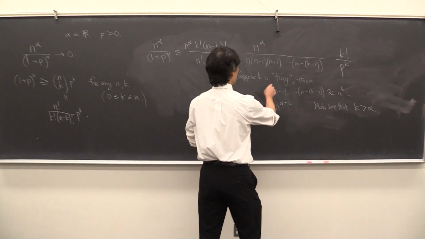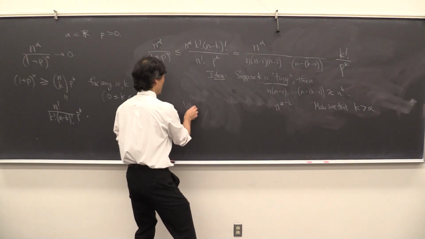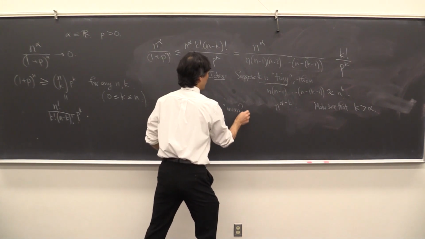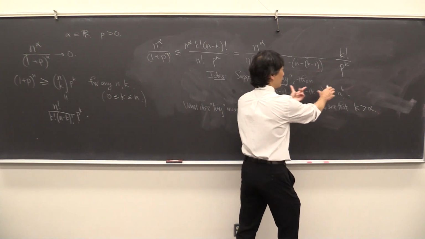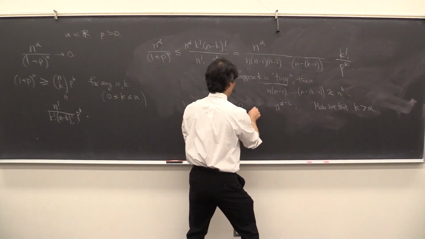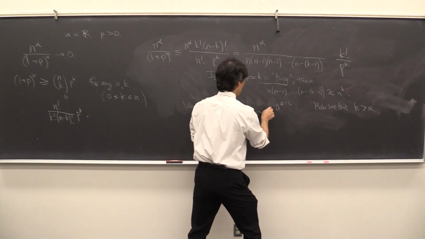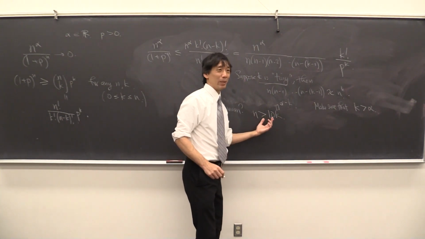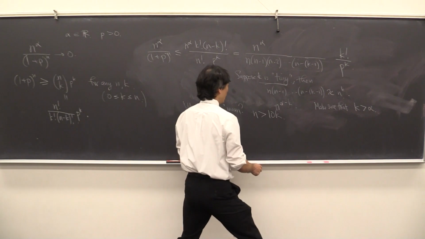So there are two things you need to do. One, you need to make sure k is tiny. So what does tiny mean? It means it should be small relative to n. For example, let's say n is bigger than 10k.